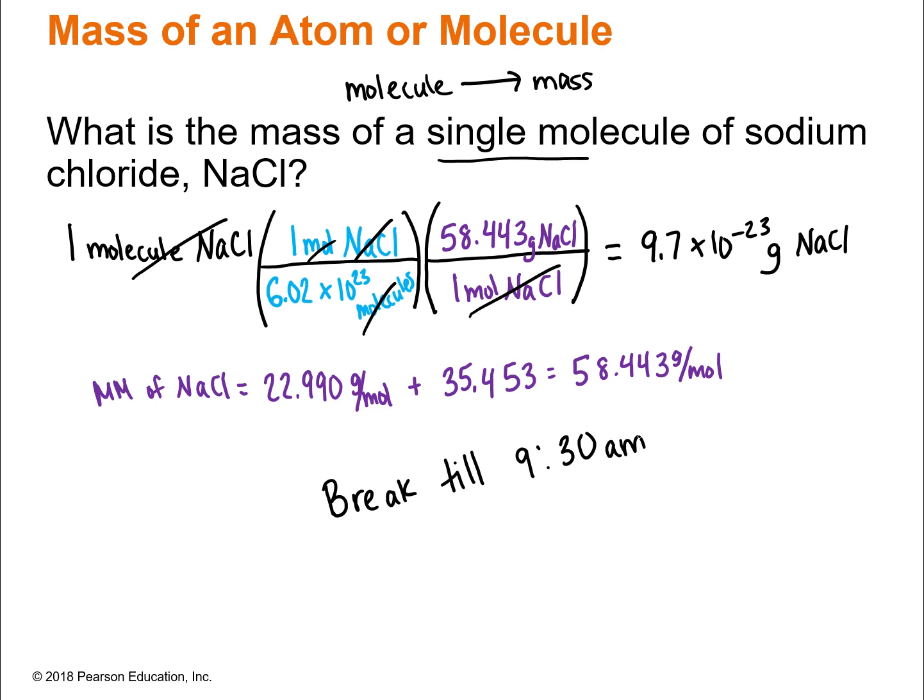So far, we've covered what a mole is and how to calculate moles from the number of atoms or molecules, and atoms or molecules from the number of moles. We also talked about mass and moles, and we put those concepts together.